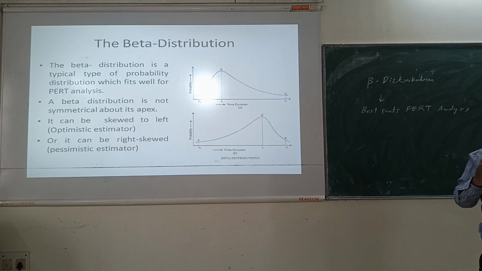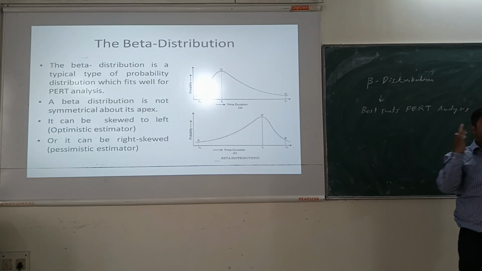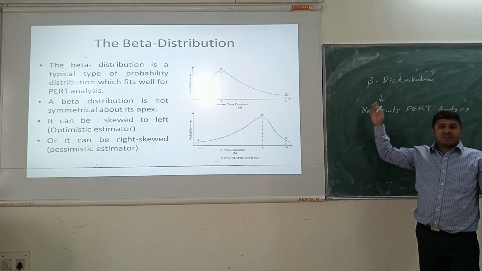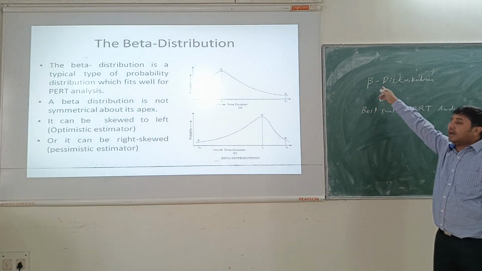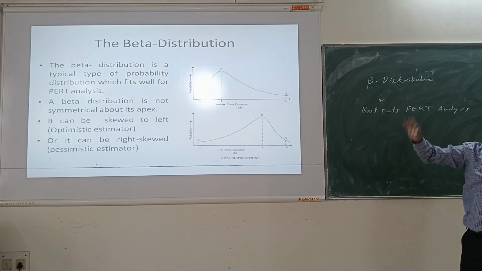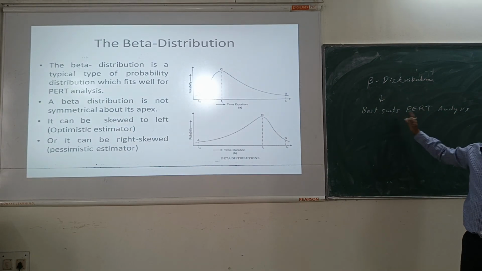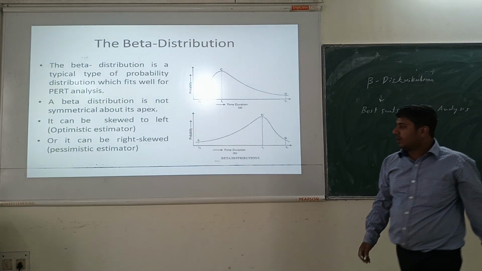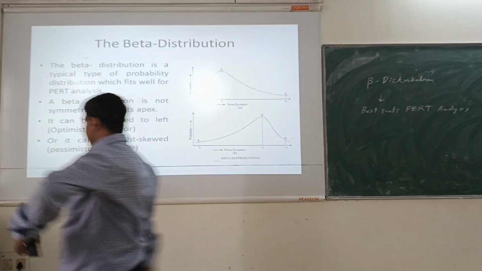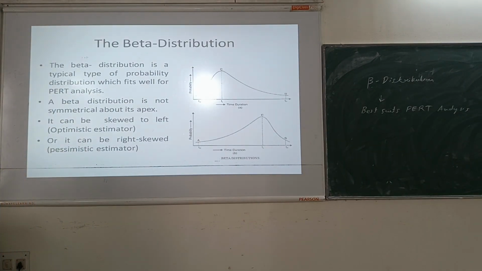Okay, but if you go activity by activity, then for PERT analysis you will find that the beta distribution which is skewed to right or left is best suited. So if it is left skewed, it is called an optimistic estimator. If it is right skewed, it is called a pessimistic estimator.